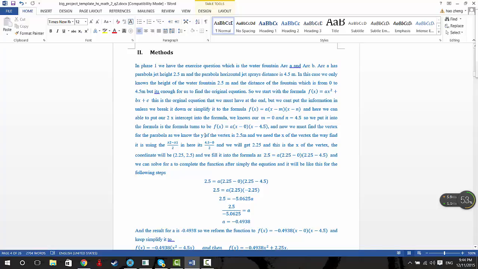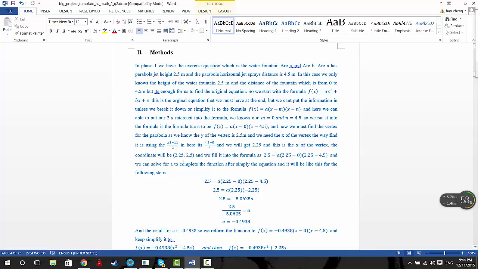As we know, the y of the vertex is 2.5 meters, so the jet can shoot as high as 2.5 meters. Basically it means we must find the vertex. We already have the y coordinate, but we don't have the x coordinate, so we must find it.